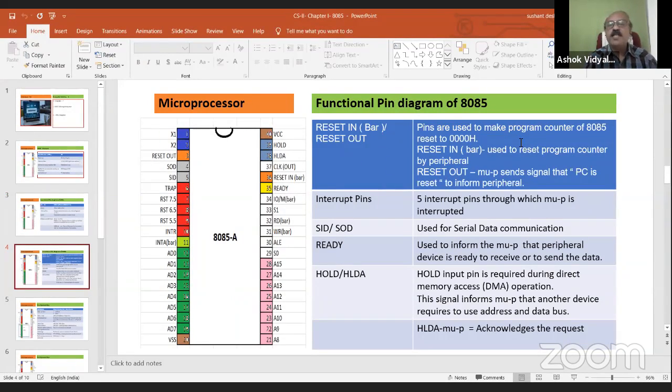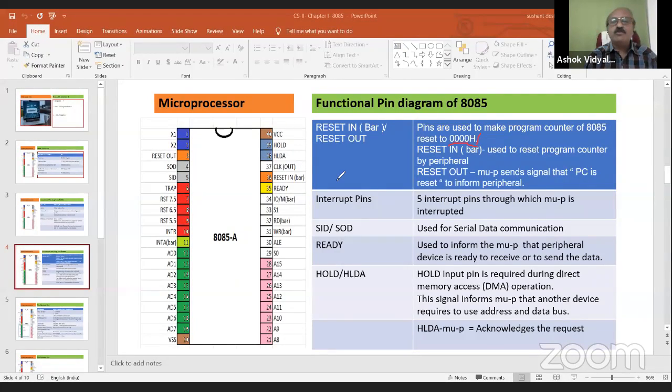The reset in bar pin is used to reset a very important register of 8085, that is the program counter. This pin makes the program counter of 8085 reset to 0000H. Now what is this 0000H? This is a memory location address.